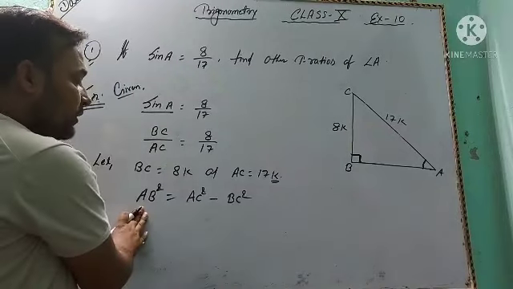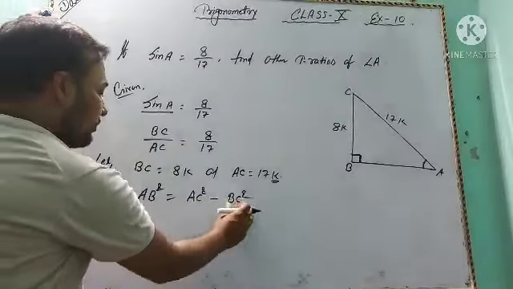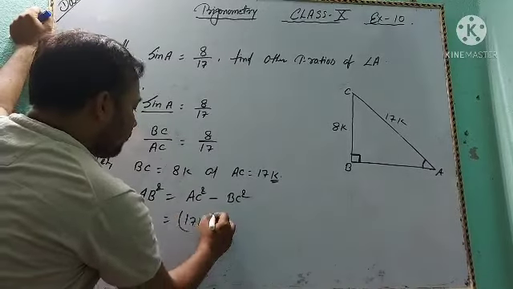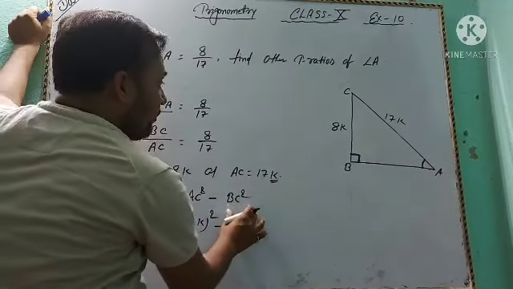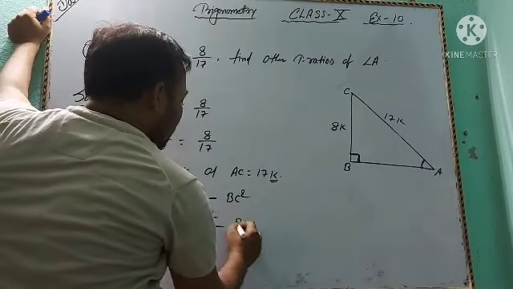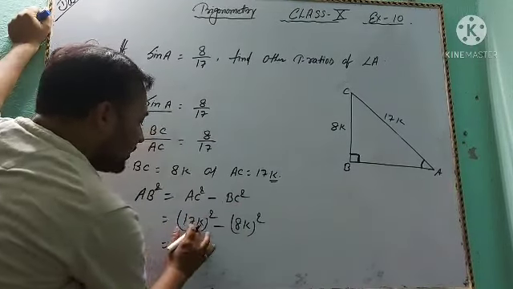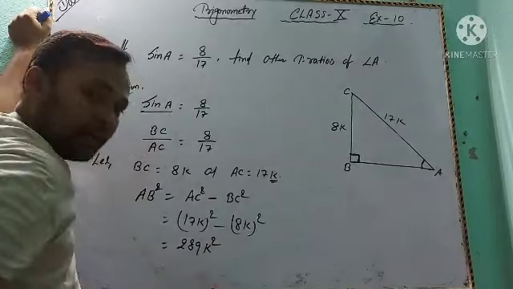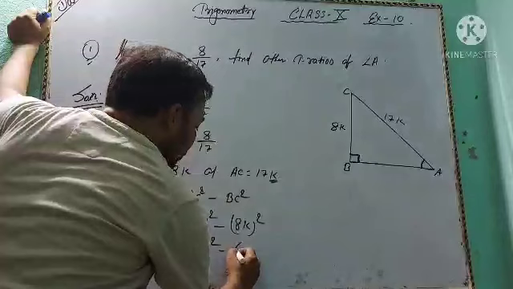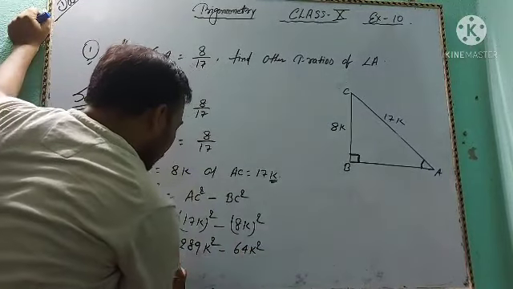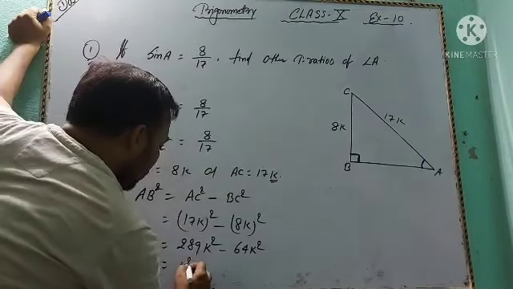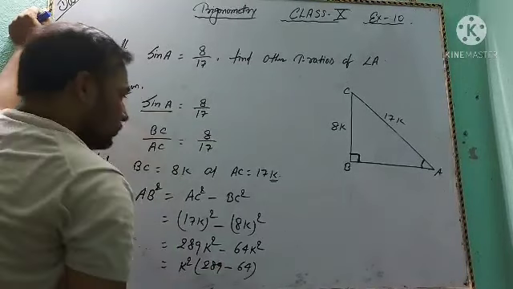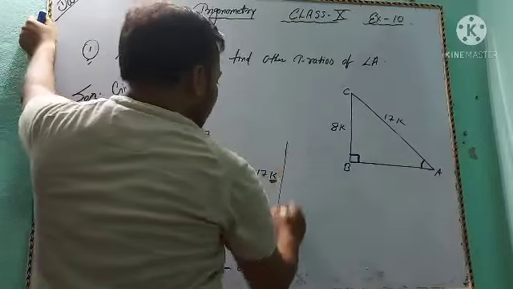So AC is equal to 17K, the whole square of 17K, minus BC, it means 8K whole square, is equal to 17K whole square, it means 289K square. Okay, and minus 64K square. Okay, K square is common, 289 minus 64.